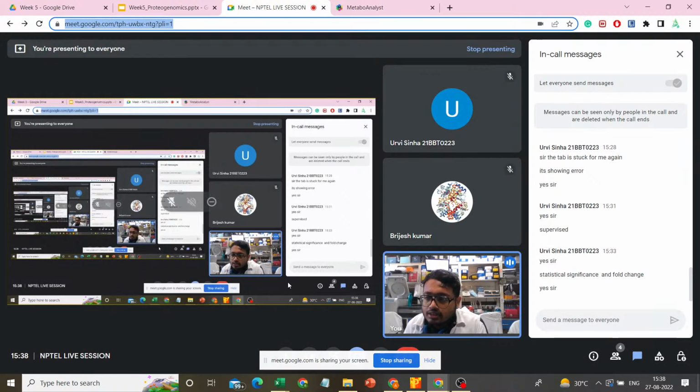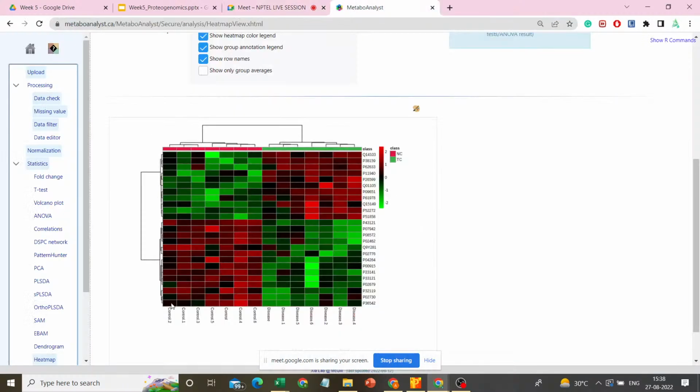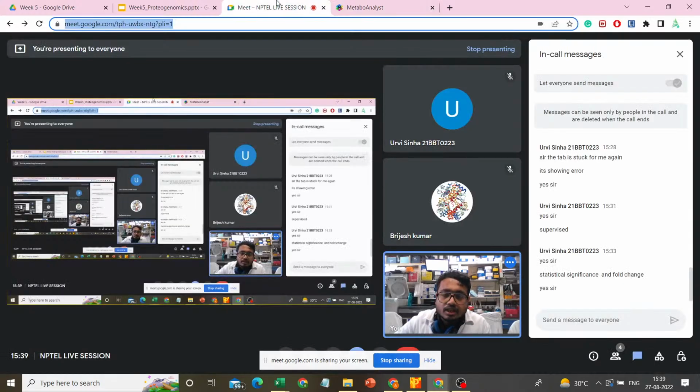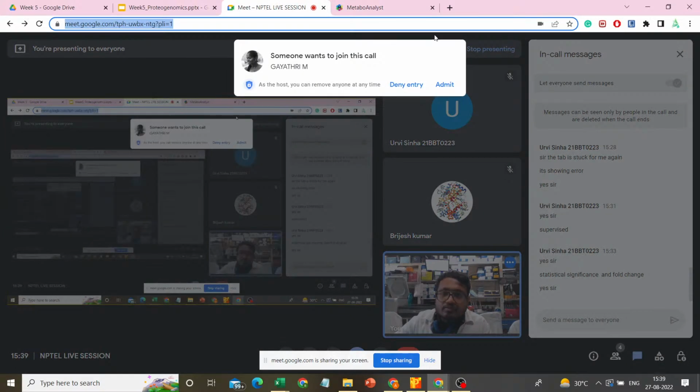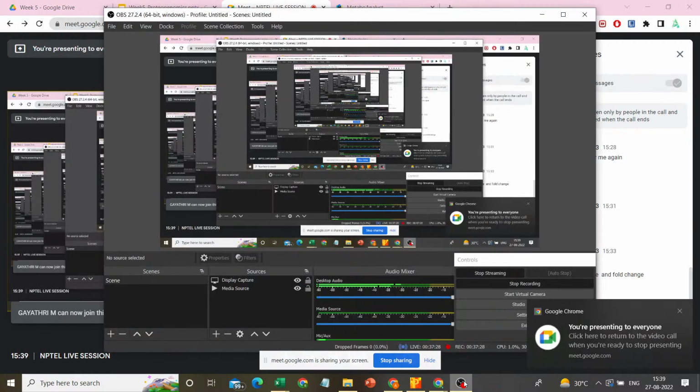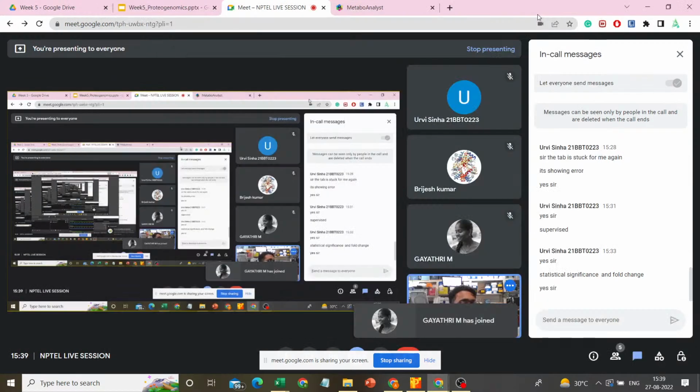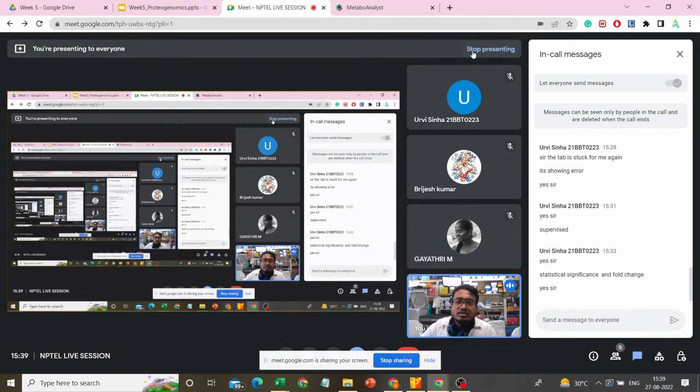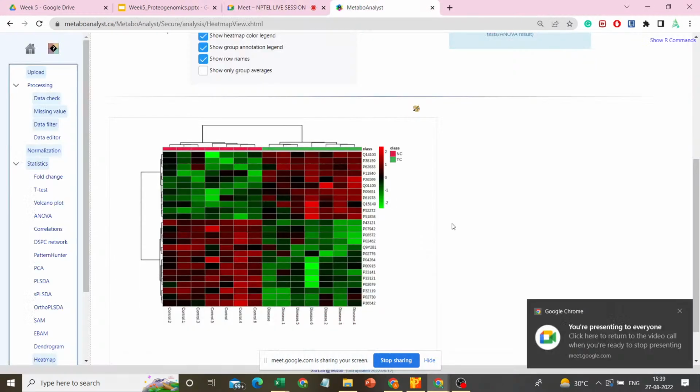You could see the heat map, how it has been clustered, and on the basis of the distance it has clustered both the sample disease cohorts, and you can identify these two differences, right?